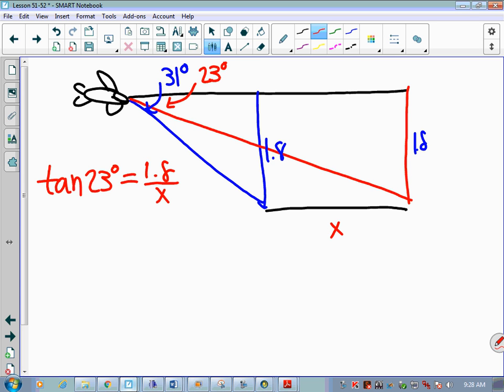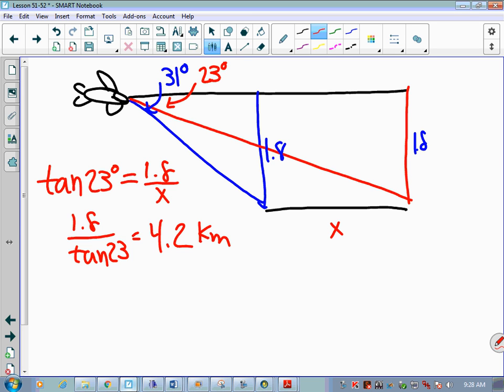Now, we should get good enough at this that we understand that if x is on the bottom, I'm going to take my numerator divided by tangent 23, right? So what's 1.8 divided by tangent 23? What is it? 4.2. Okay, so we have 4.2 kilometers.